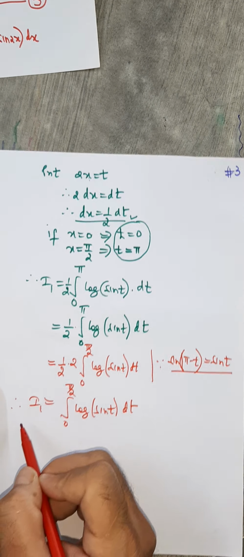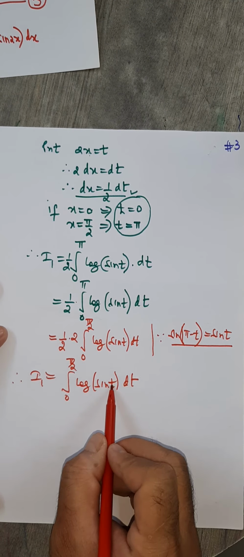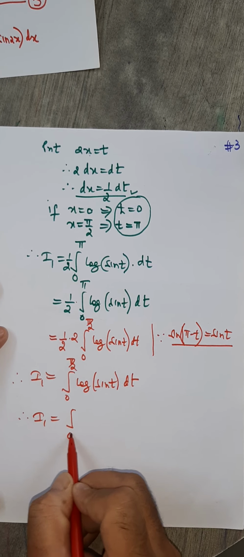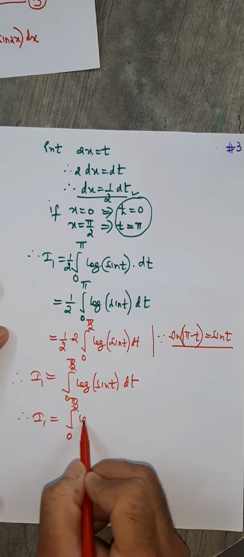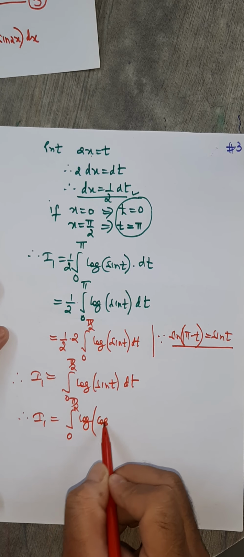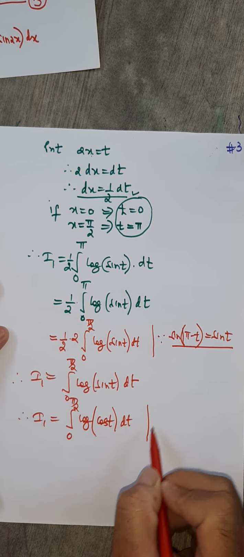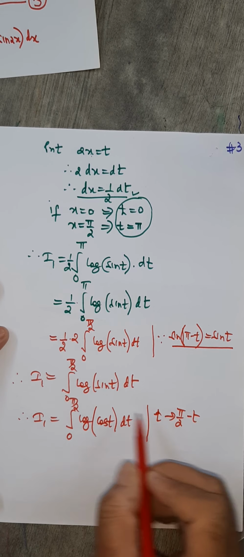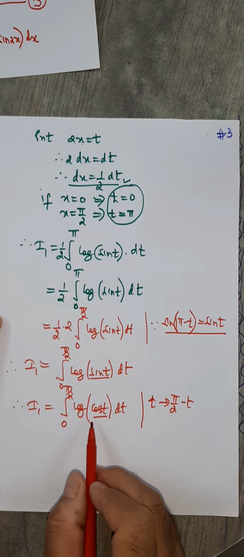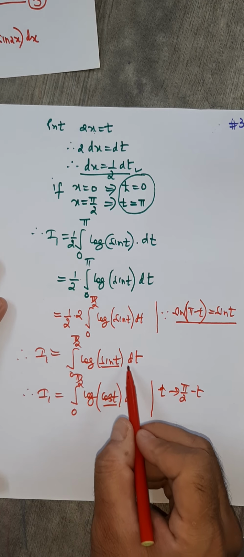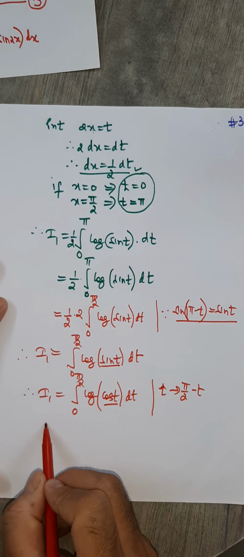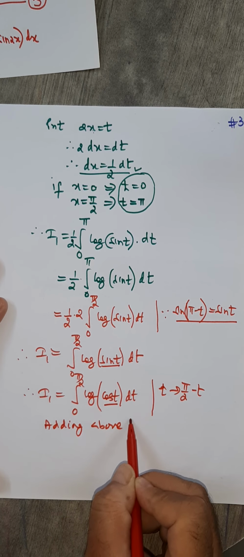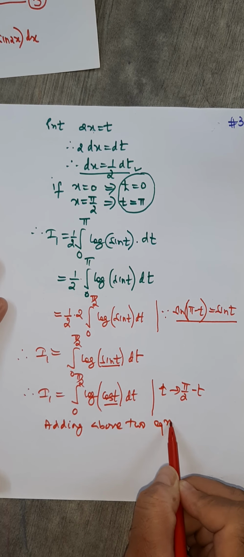Okay. Now again replace t by pi by 2 minus x. So therefore I1 equals to 0 to pi by 2 log of, this is cos t dt. What you did, replace t by pi by 2 minus t. So here sin t becomes cos t, you know it. Now we just add these two equations.